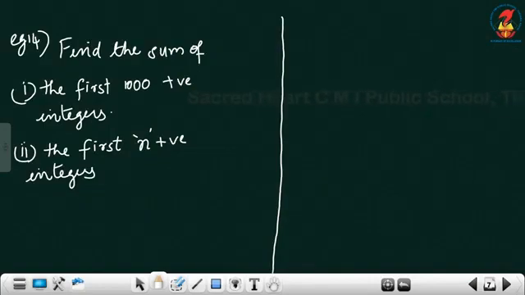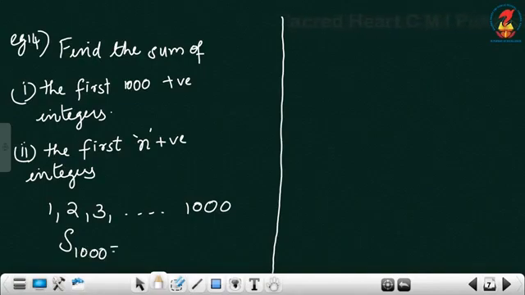Next is example 14. Find the sum of first 1000 positive integers, and the second question is the first n positive integers. So positive integers means it is 1, 2, 3, etc. First term is given, last term is given, and we need to find the sum of first 1000.